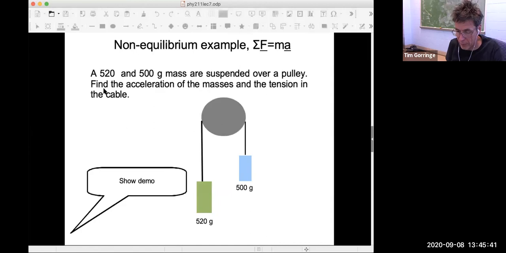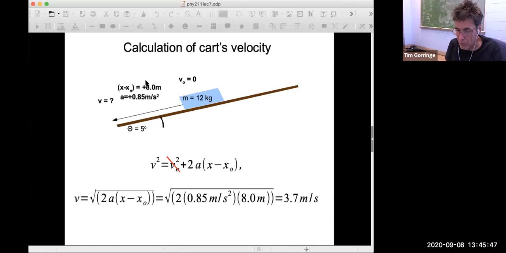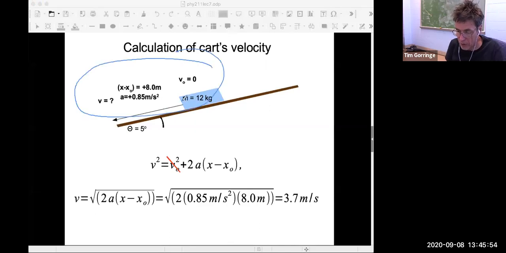On this picture of the kinematics, I filled in the things I know and the things I don't. So, for example, I know I'm going to travel 8 meters down the incline with an acceleration of 0.85 meters per second squared. I know the initial velocity was 0. I want to find out the final velocity.